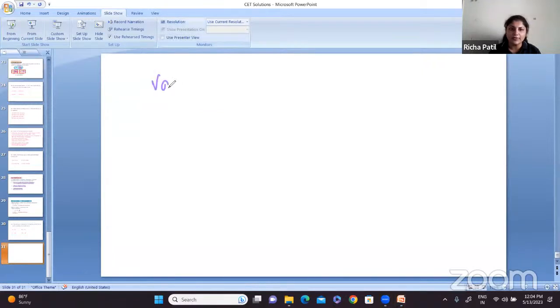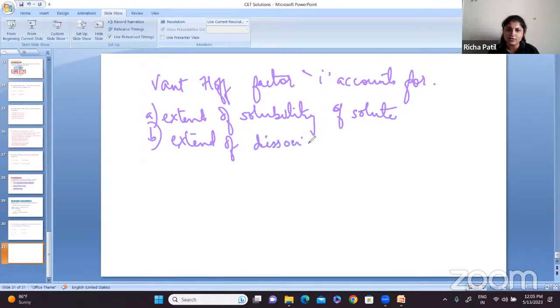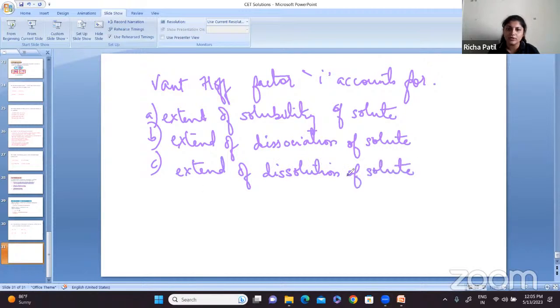Van 't Hoff factor i accounts for what? A, extent of solubility of solute; B, extent of dissociation of solute; C, extent of dissolution of solute; D, extent of mobility of solute.